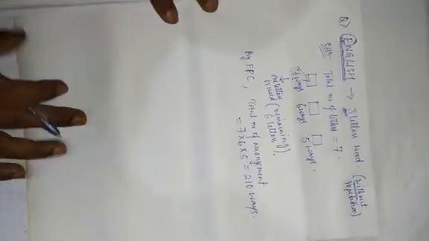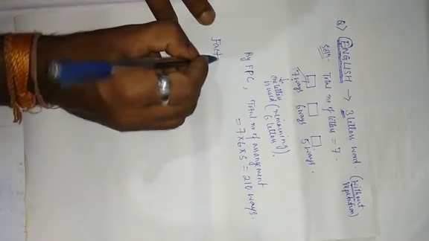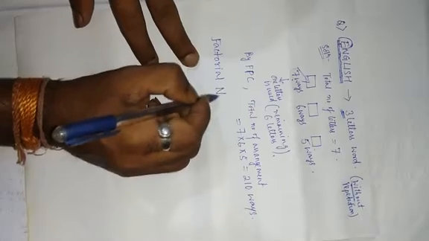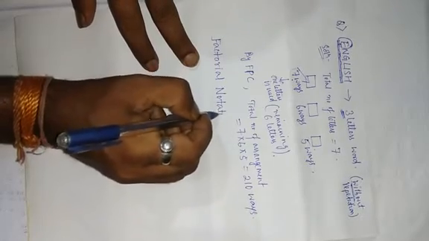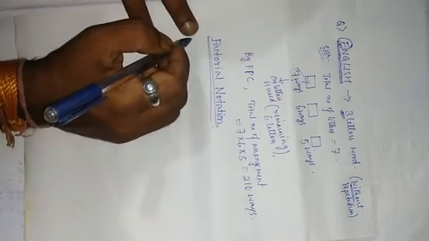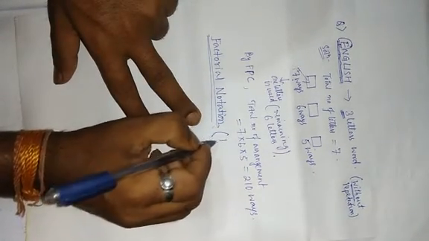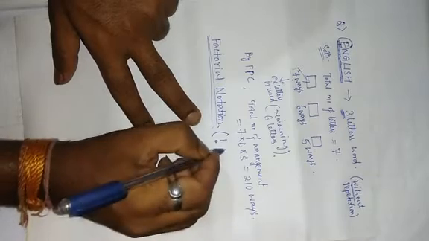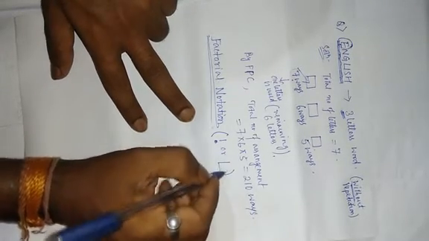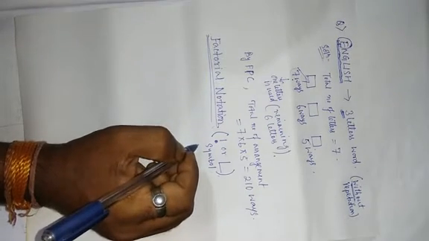The name of the topic is factorial notation. फैक्टोरियल नोटेशन को हम लोग डिनोट करते हैं either like this और like this. तो ये हो गया सिंबल ऑफ फैक्टोरियल नोटेशन.